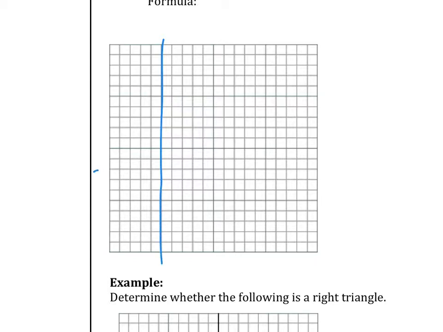It's actually really easy. So let's go ahead and draw our coordinate plane there. Let's say we have a point on here, 3, 4, and I want to figure out the distance between the origin and that point. So what should I do?